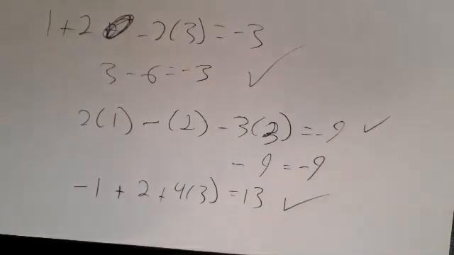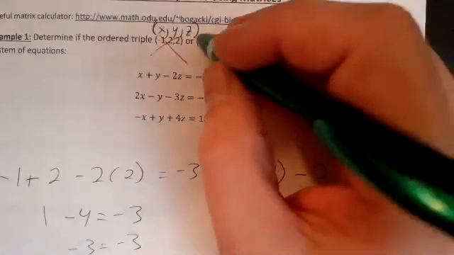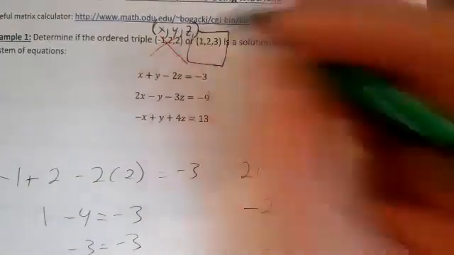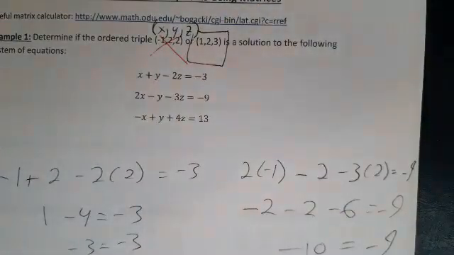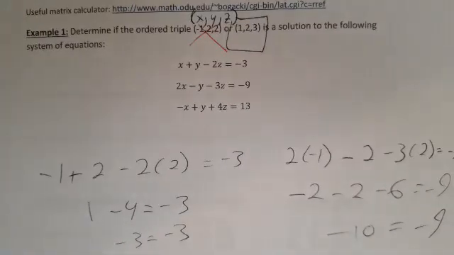That's going to give me a true statement. 12 plus 2 is 14, minus 1 is 13. And so you should check each of these, make sure they're giving you true statements. This one gives me a true statement, and this one gives me a true statement, for all three of them. So 1, 2, 3 is a solution to this.